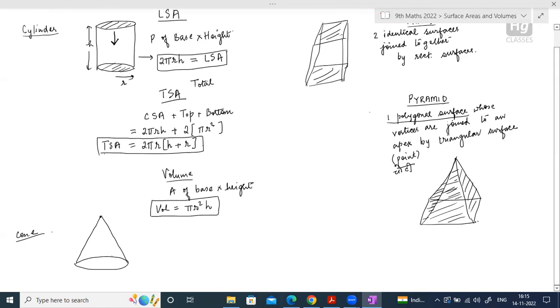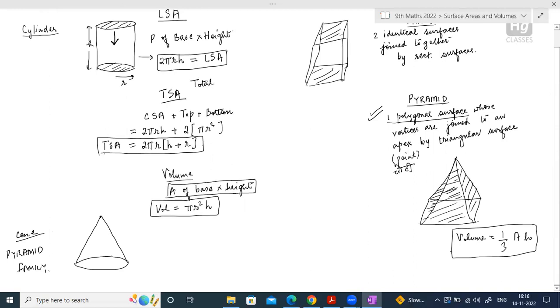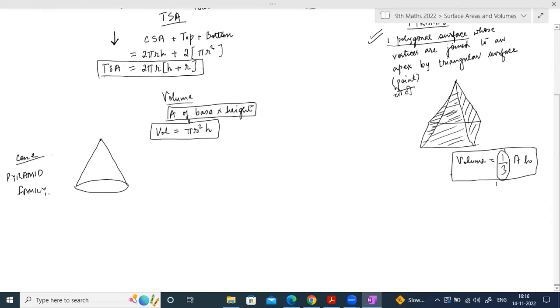And since it fits the definition of a pyramid, cone belongs to the pyramid family. Volume of a pyramid is given by 1 by 3 area of the base times height, and the volume of a prism was just area of the base times height. So the only difference is the addition of 1/3. You just have to multiply by 1 by 3.